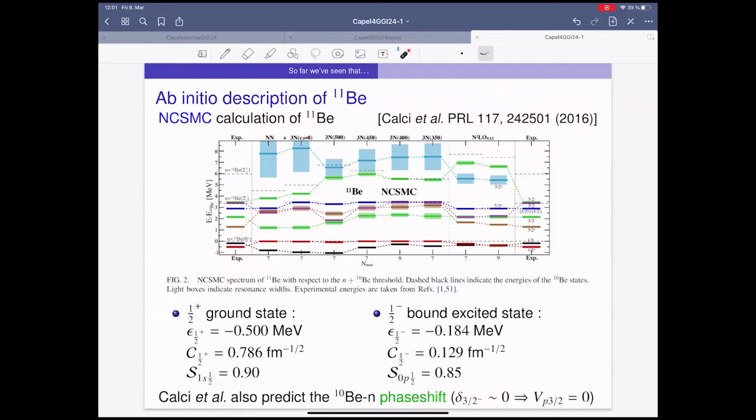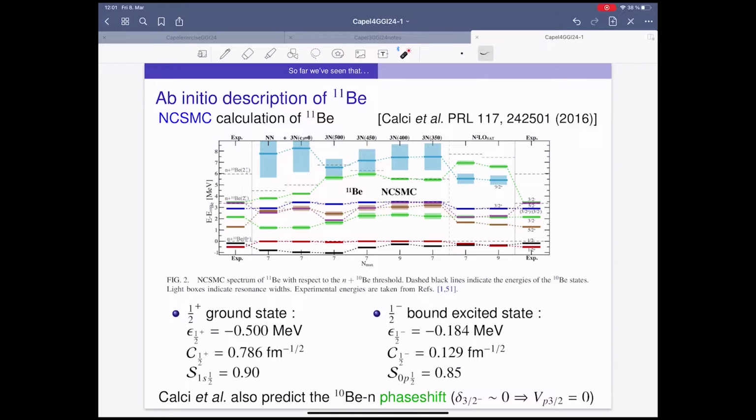So that's a chiral EFT nucleon-nucleon interaction, which is fitted not only to nucleon-nucleon interaction and three-nucleon nuclei, but also heavier systems. So they include part of the many-body part in the interaction.